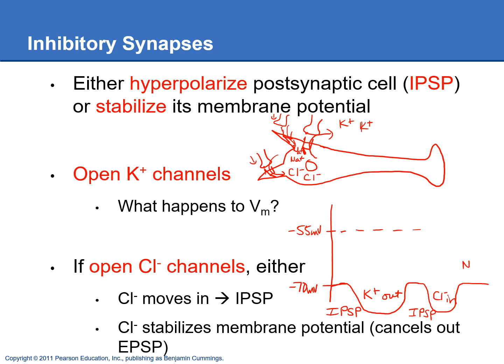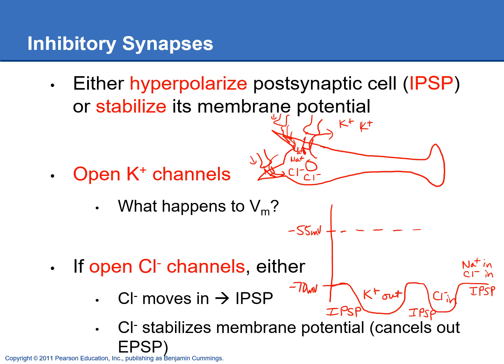So if you have sodium ions and chloride ions coming in at the same time, that creates another IPSP because the membrane potential is just stabilized at minus 70 millivolts. You're not going to get up to threshold. Okay, so that would also be inhibitory as well. Okay, so those are the 3 ways to create an IPSP.